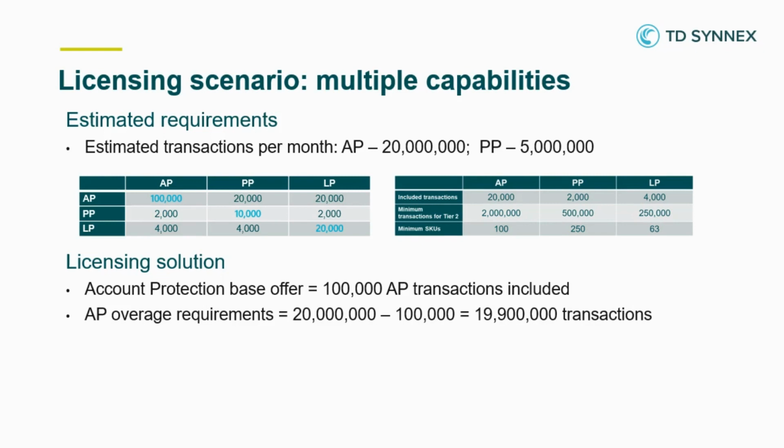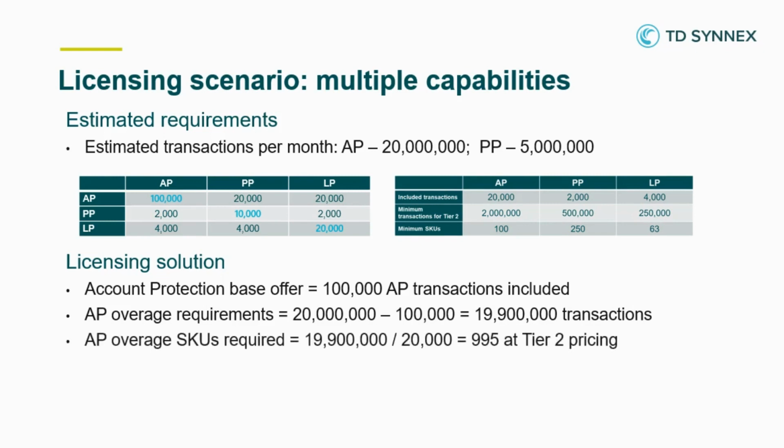So to calculate the number of overage SKUs, we take this figure, divide it by the number of transactions included in each overage SKU, 20,000 in this case, which gives a requirement of 995 SKUs, which, as that's greater than 100, they will be entitled to Tier 2 pricing for these SKUs.